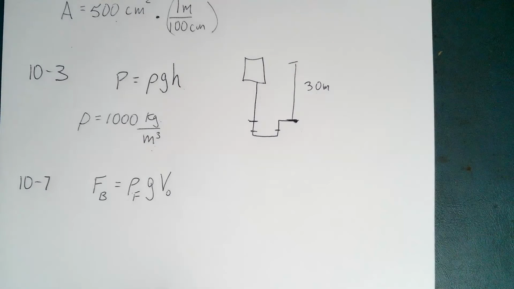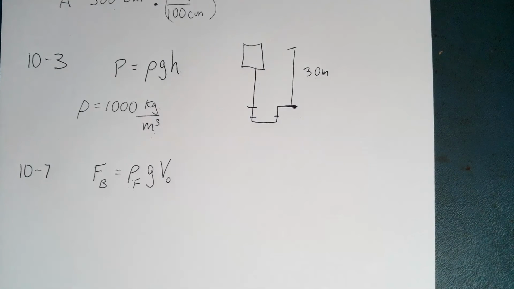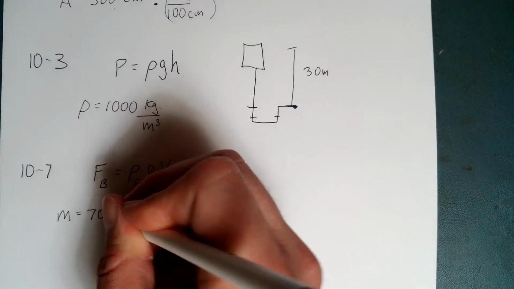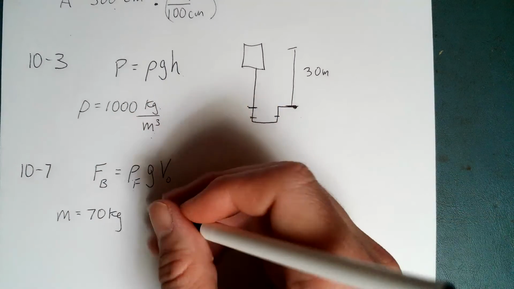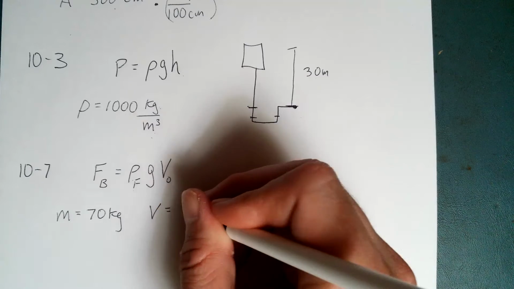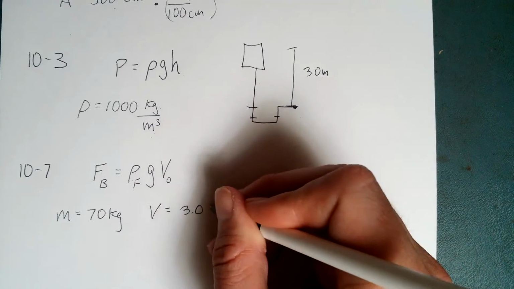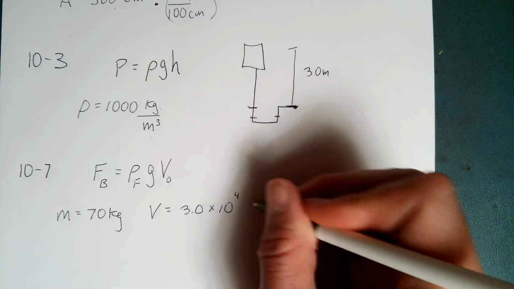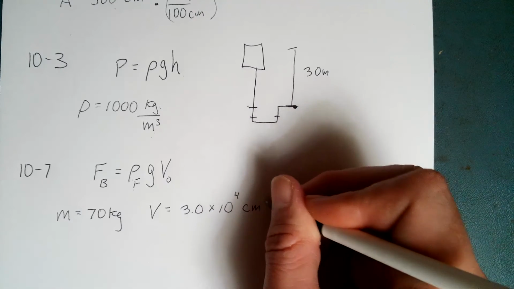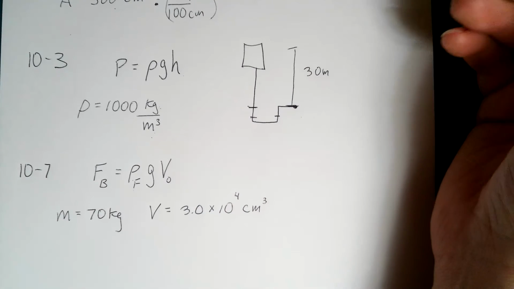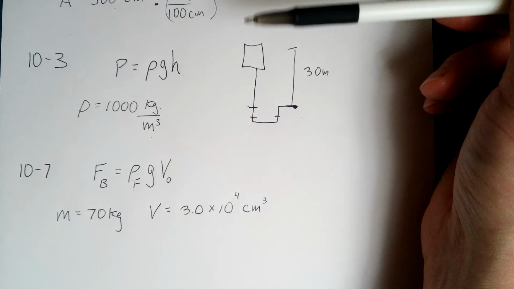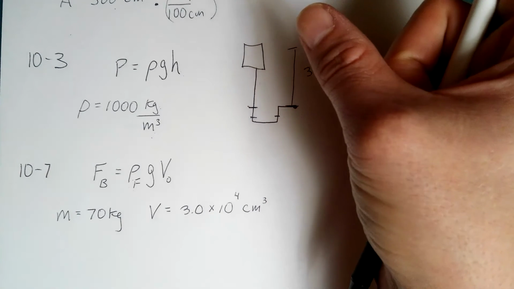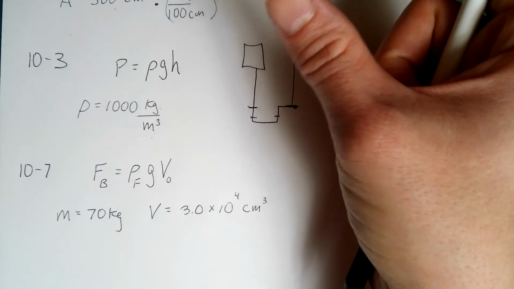Okay, so 10.7. We have a 70 kilogram statue. That's the object. With the mass, we have the volume. And I'll say one more thing about volumes: when you do problems with volume in meters cubed, the numbers can be very small, because a normal handheld sized object is going to be like 10 to the negative fourth, 10 to the negative fifth meters cubed.